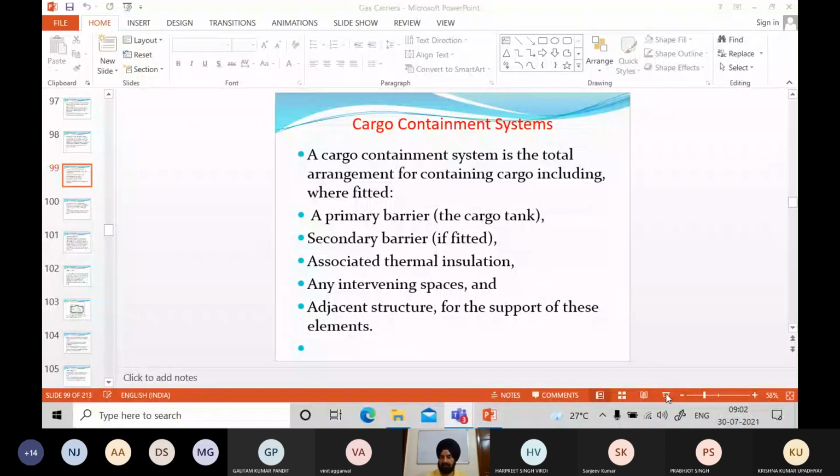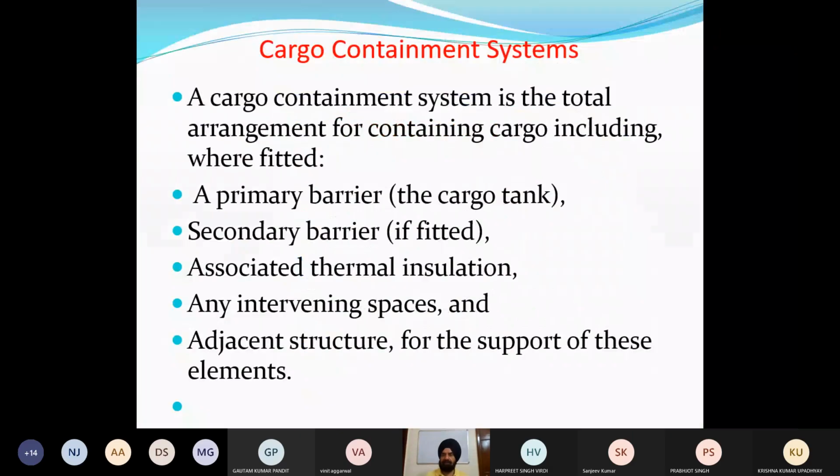Here we are up to what we see, the cargo containment systems, basically various types of tanks, pipelines. So what is a cargo containment system? It's a total arrangement for containing cargo, including, where fitted, primary barrier, secondary barrier, associated thermal insulation, any intervening spaces, and adjacent structure for support of these elements.